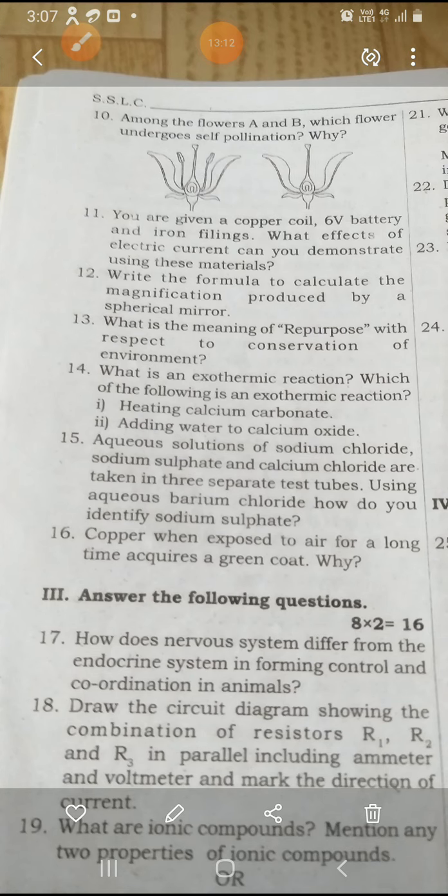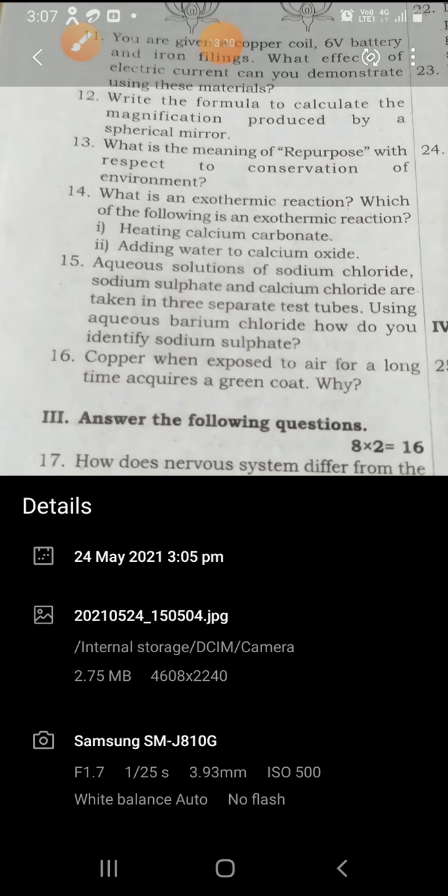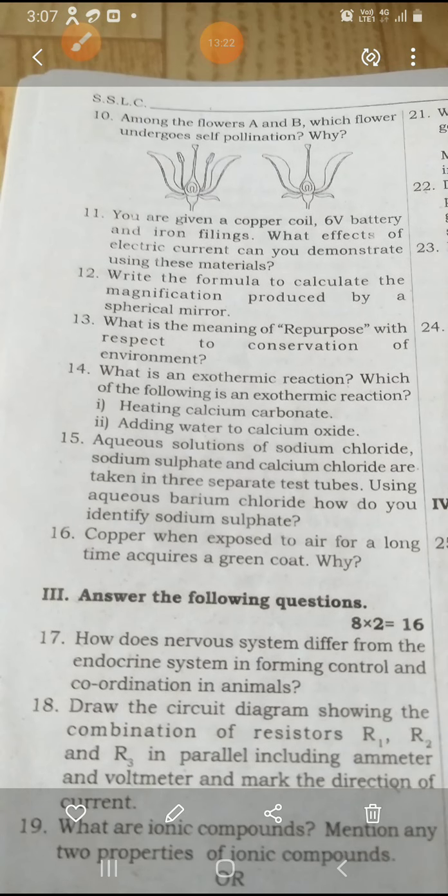Nowadays we use copper bottles to drink water, and when that copper bottle is kept for a long time without washing, it forms a green coat on its surface. That is nothing but copper carbonate. So one more question is over.